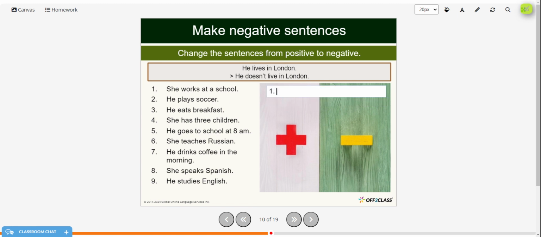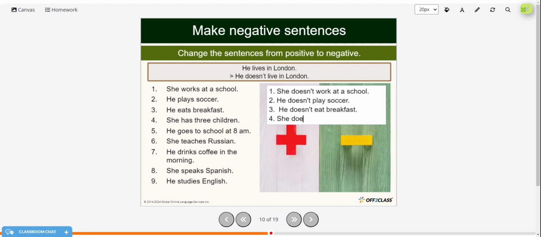Okay, so number one should be she doesn't work at a school. Number two, he doesn't play soccer. Number three, he doesn't eat breakfast. Number four, she doesn't have 3 children.